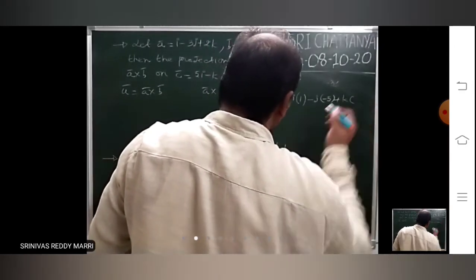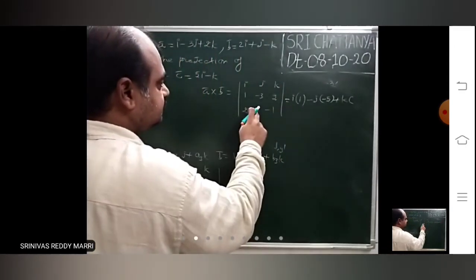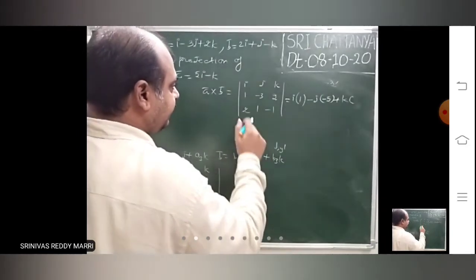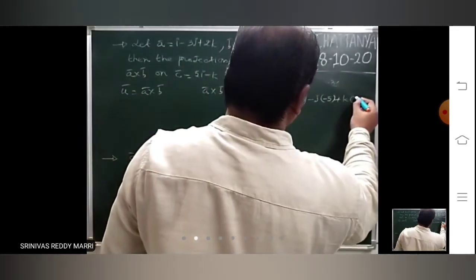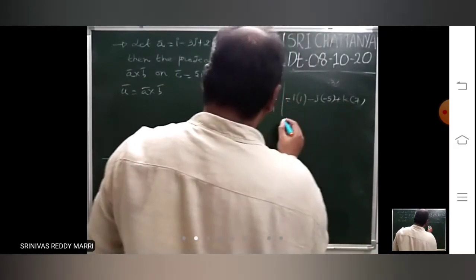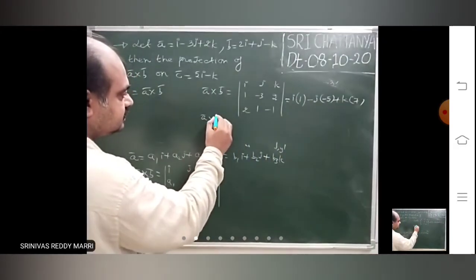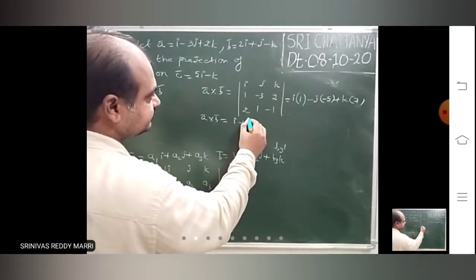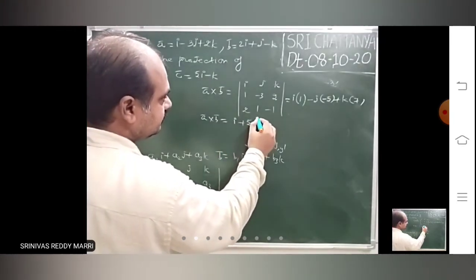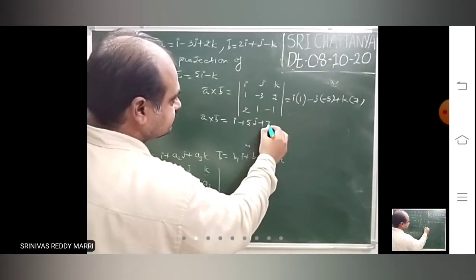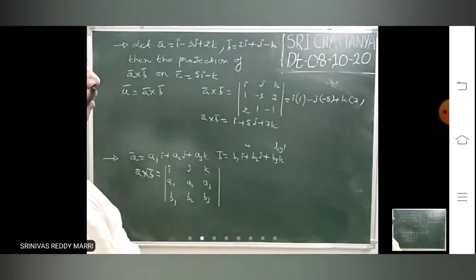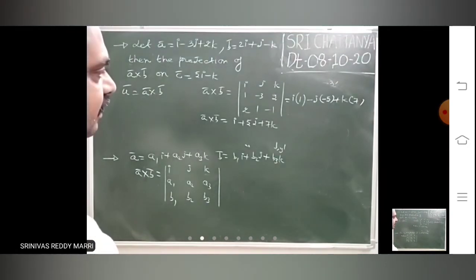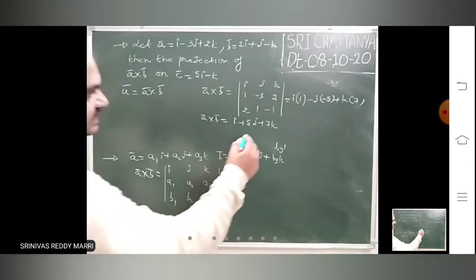Plus k into 1 minus of minus 6, that means 7. So A bar cross B bar equals i plus 5j plus 7k. So this is A cross B, this is U bar.